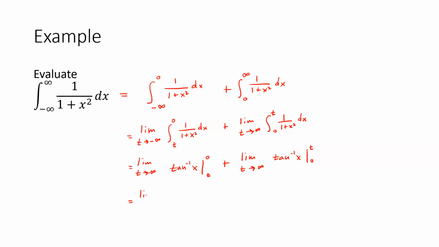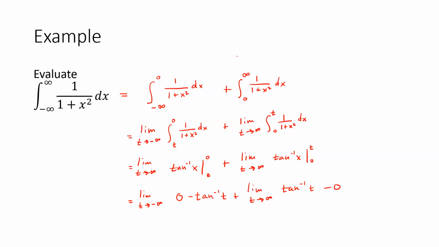So this first one will be the limit as t approaches -infinity of tangent inverse of 0, which is actually 0. And then this one would be the limit as t approaches +infinity of tangent inverse of t minus tan inverse of 0, which is 0.